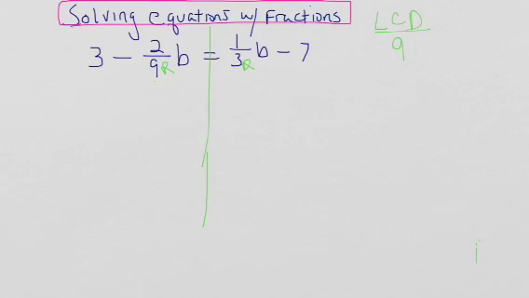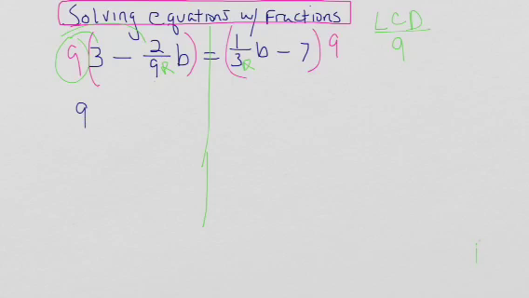So your first step is going to be multiplying everything by 9. So you got to use that distributive property, which means I got to give everybody some love. I got to take this 9 and multiply 9 by 3, and then 9 by negative 2/9. Again, give everybody some love.